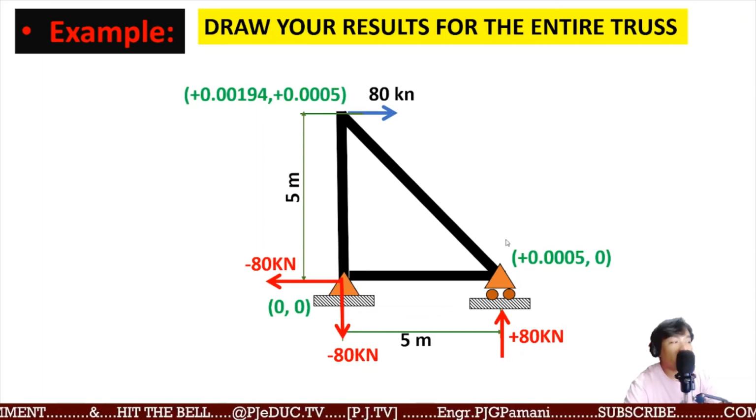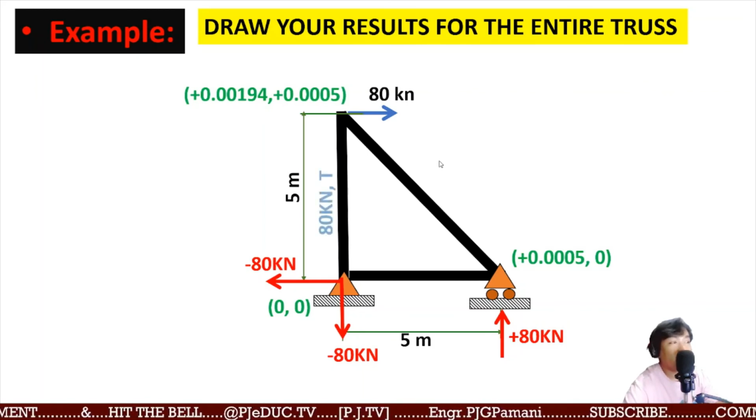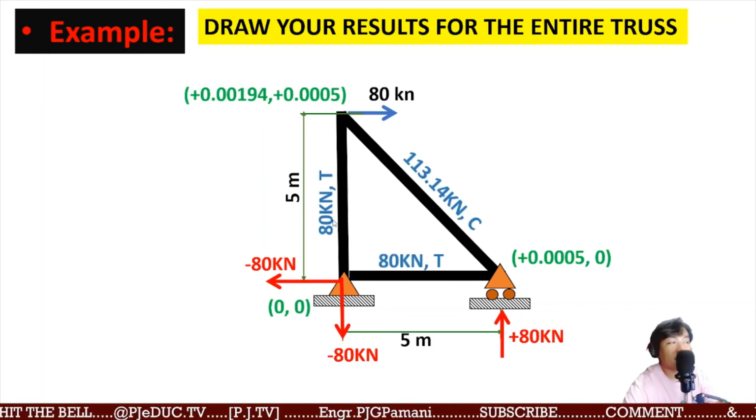Remember, 4, 5, 6, 0. So, x and y axis na yan. X, y. 2, 0.00194, y, 0.005 vertically. Then, the member forces. Tension, tension, compression.